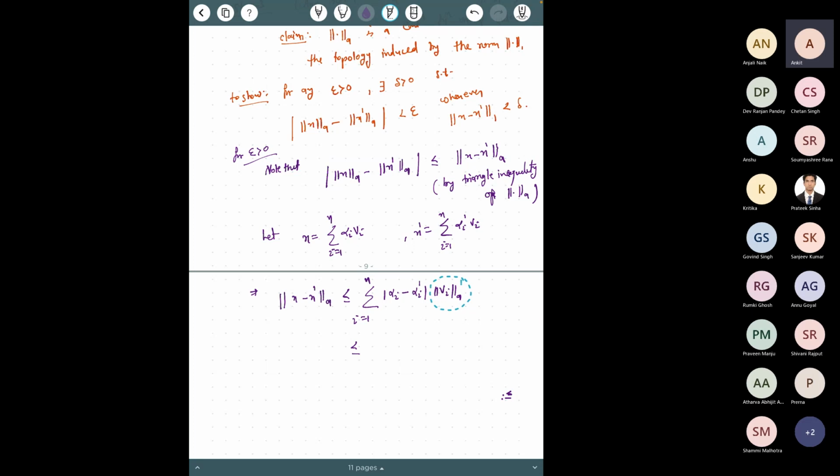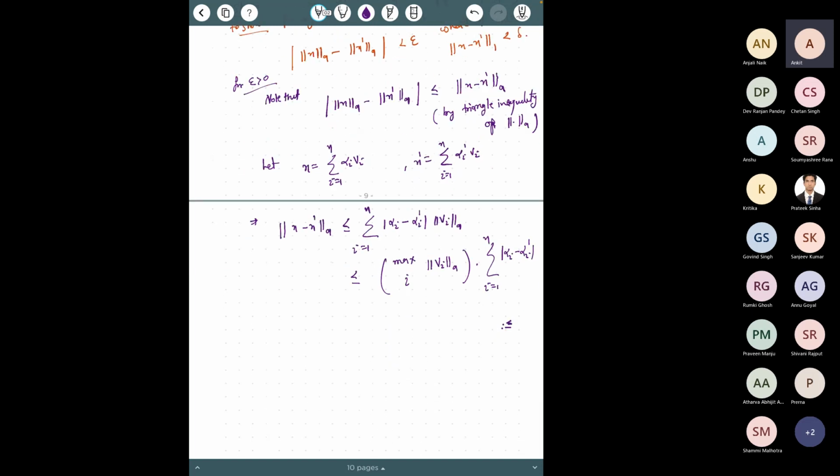If I take the maximum of the a-norm of these vectors Vi and take that common, then this is less than or equal to max of the a-norm of Vi times the sum of mod alpha i' for i equal to 1 to n. So what is this? This quantity is fine. This is just a scalar, because the basis vectors are fixed.